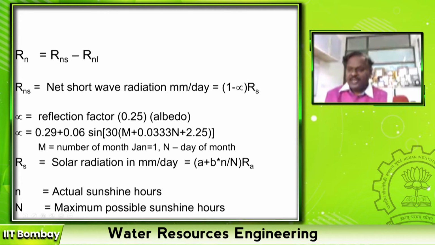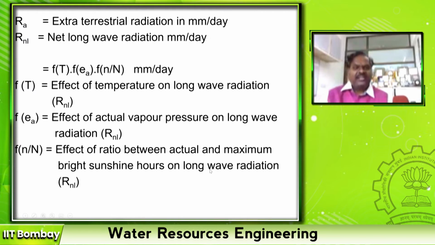You can also try to estimate evapotranspiration by writing a small program, which can later be developed into software. Solar radiation is estimated using this formula RA, and then RNL, net long wave radiation, is a function of temperature, actual vapor pressure, and N by N.